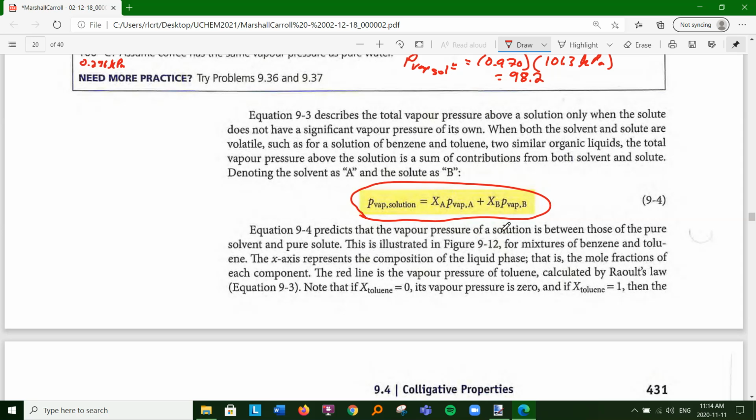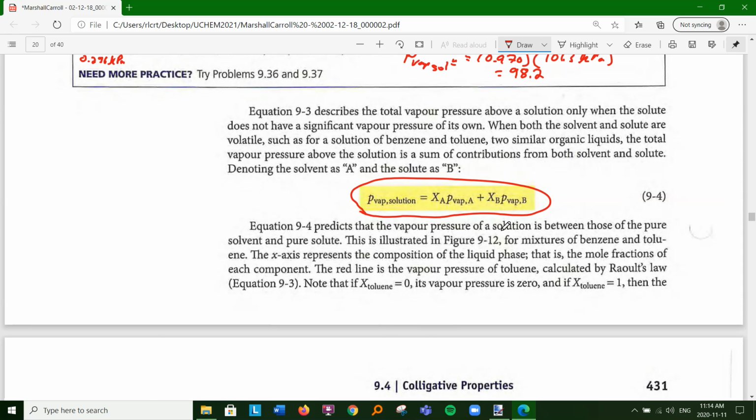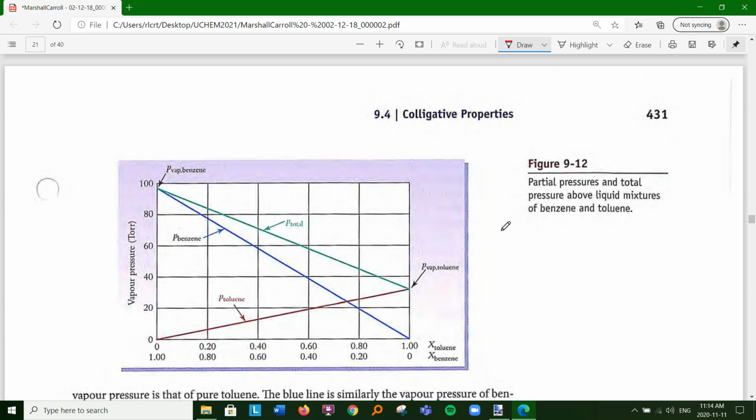So let's look at a graph that you should be able to understand of all this. Let's start with toluene. Let's say there was no toluene, right? The mole fraction was 0. So then its vapor pressure is 0. At the other extreme, if it's all toluene, well then that is the pure vapor pressure of toluene, which is something like 20, 30, 35 or so.